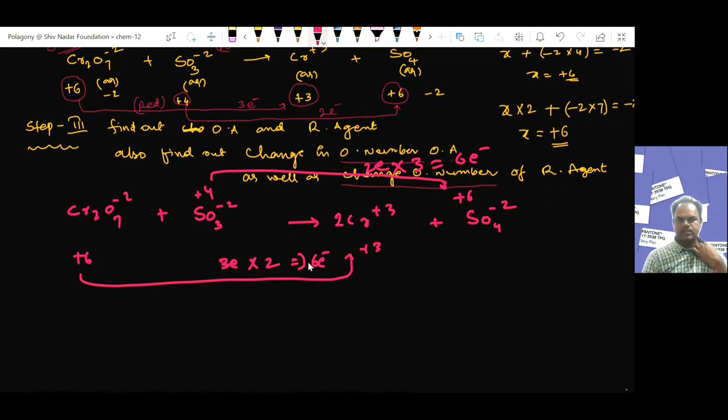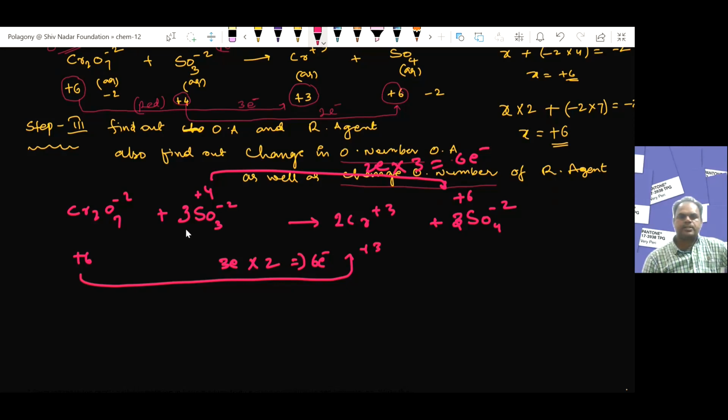So the number of electrons are equated. So chromium gaining 6 electrons, together 2 chromium atoms. Sulfur 2 into 3. So here we must take 3 as the integer because 3 sulfite ions together losing 6 electrons to change into 3 sulfate. Now sulfur atoms are balanced.